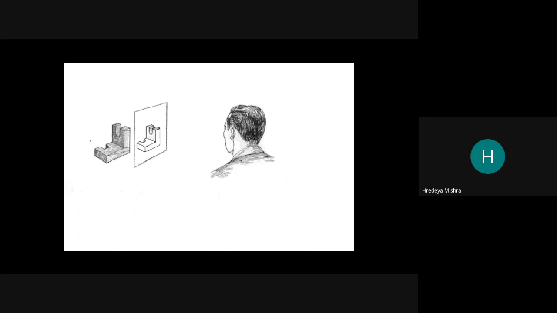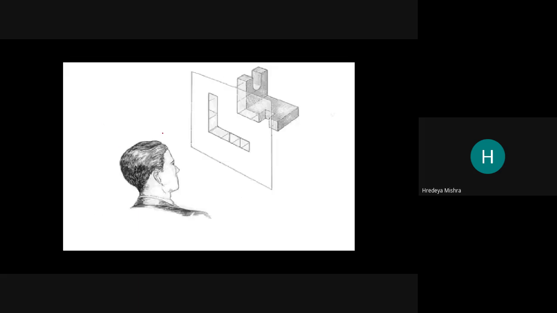Now see, this man is the observer, and the product is fitted behind the vertical plane. So we can get the projection here. This is our front view for the particular section. And now see, if the observer is here, then we can get our projection like this.